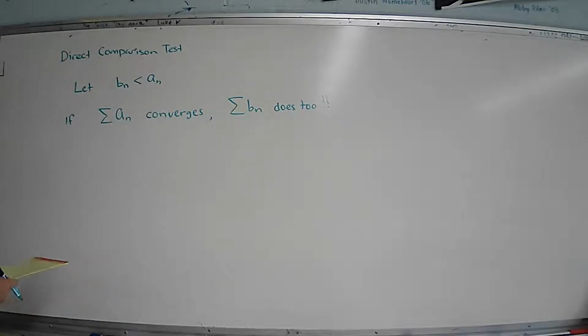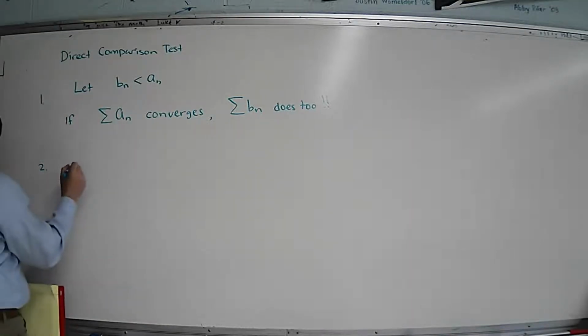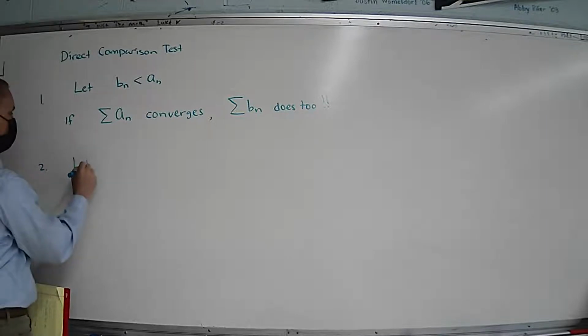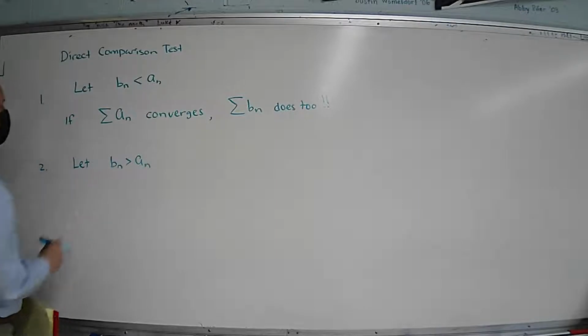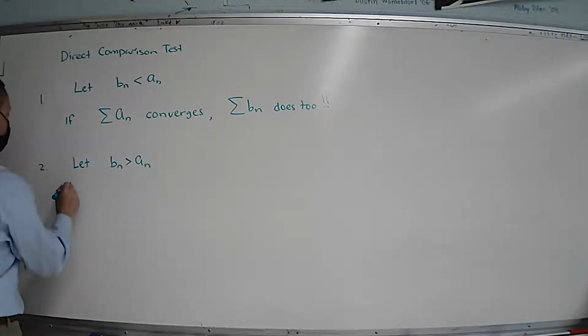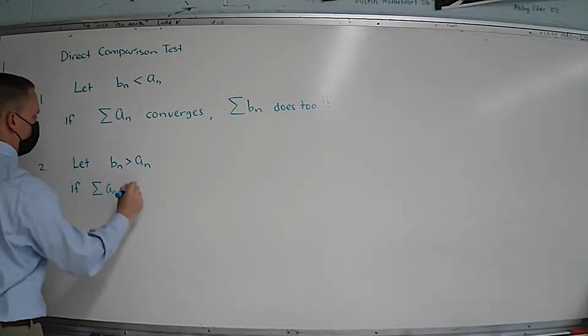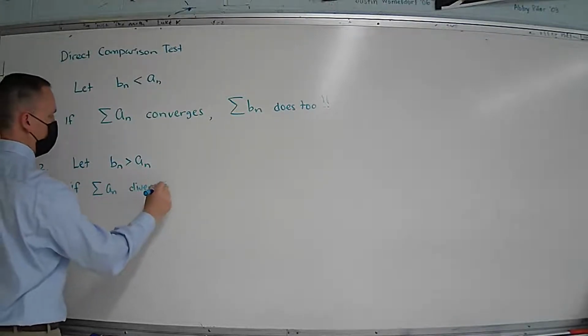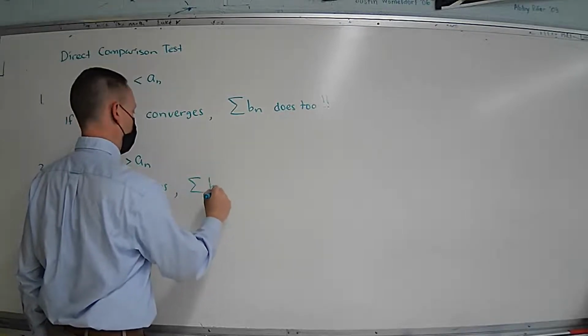That's the first way to do it. The second way to do it is let B sub n be greater than A sub n. And we're going to say if A sub n diverges, B sub n does too.